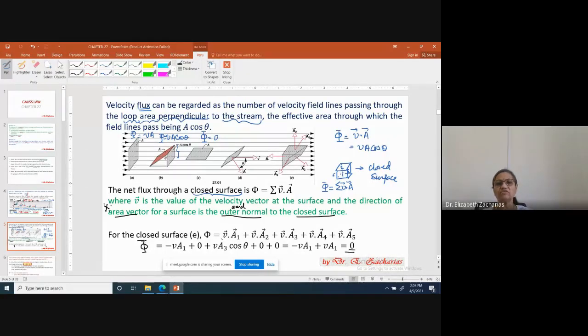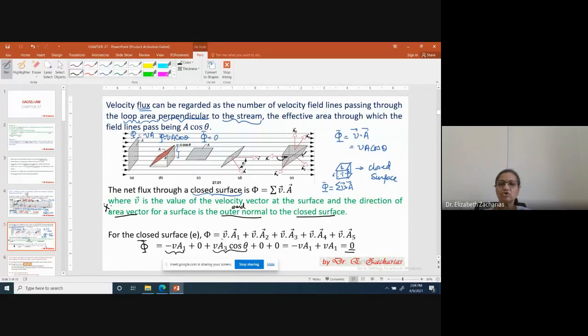You can actually show that for this surface, the flux is going to be minus VA1, and for this surface, it is VA3 cos theta. Here it is negative because V and A1 are anti-parallel to each other. My V vector is going to be like this, my A vector is in the opposite direction, so this angle is 180 degrees, therefore minus VA1.